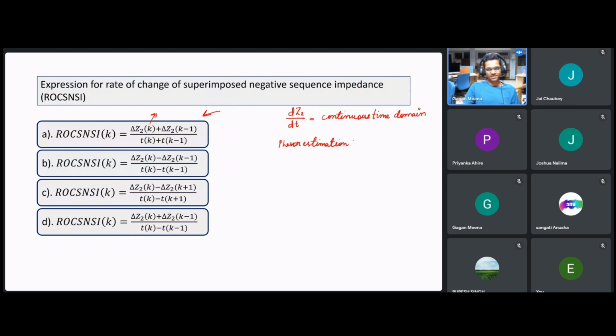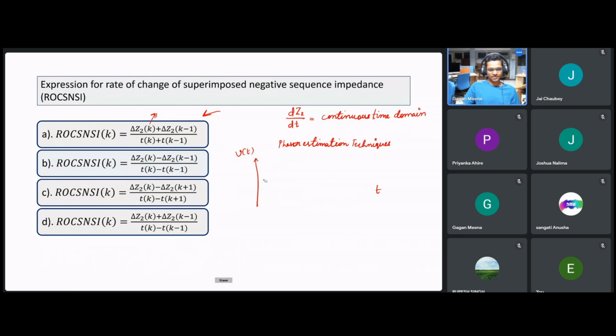Do you remember any phasor estimation technique? This is our voltage signal or current.